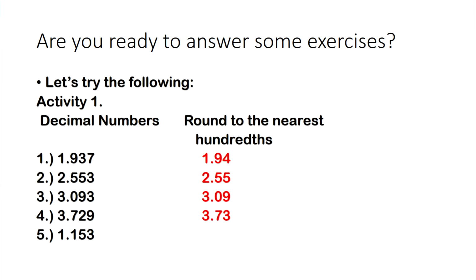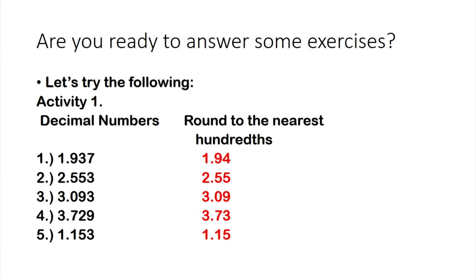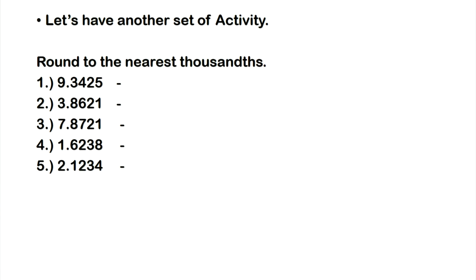Why do you think that it is 3 and 73 hundredths? Because the number to its right is 9 and 9 is more than 5, so we add 1 to the rounded number. What do you think is the correct answer? Correct! 1 and 15 hundredths. Because the number to its right is less than 5.